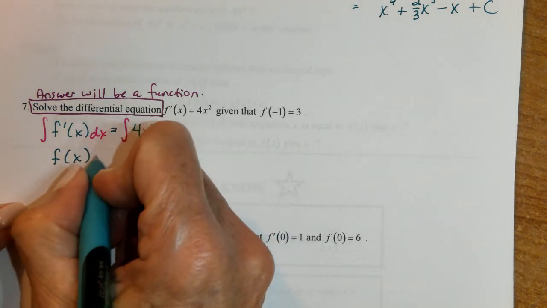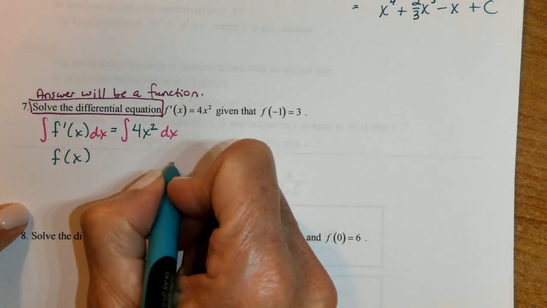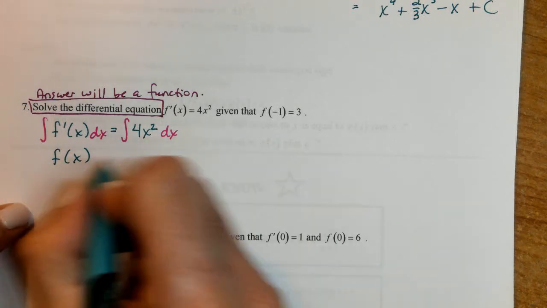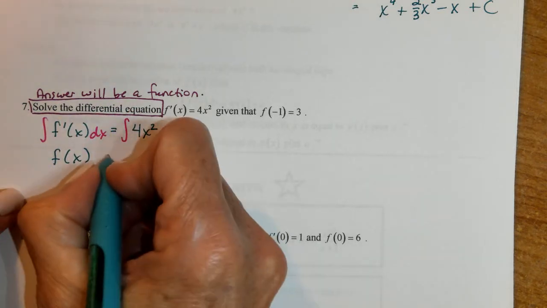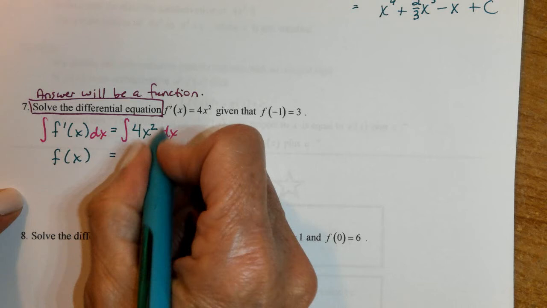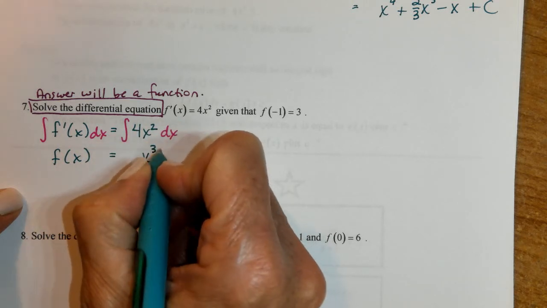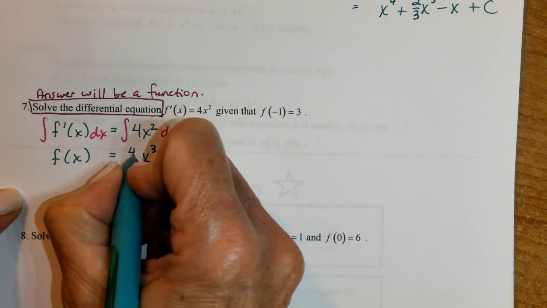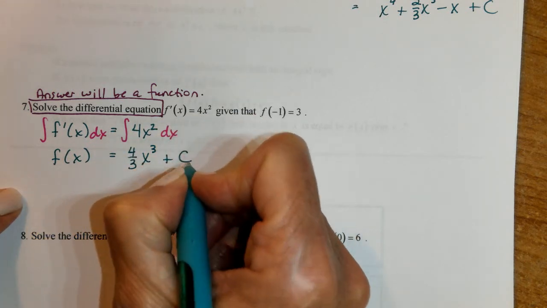I would have a plus c here, but I'm also going to have a plus c on this side. So I'm going to combine those two constants and make it one constant. The antiderivative of 4x squared is x cubed divided by 3, so 4/3 x cubed plus that constant.